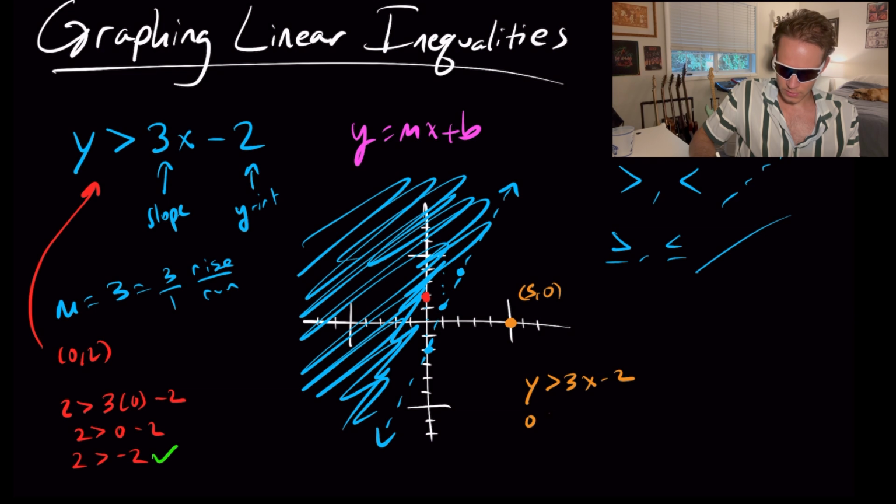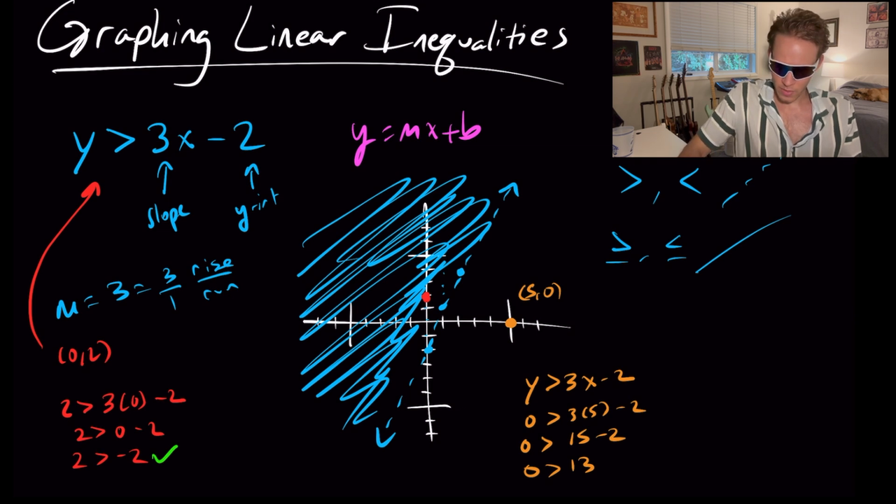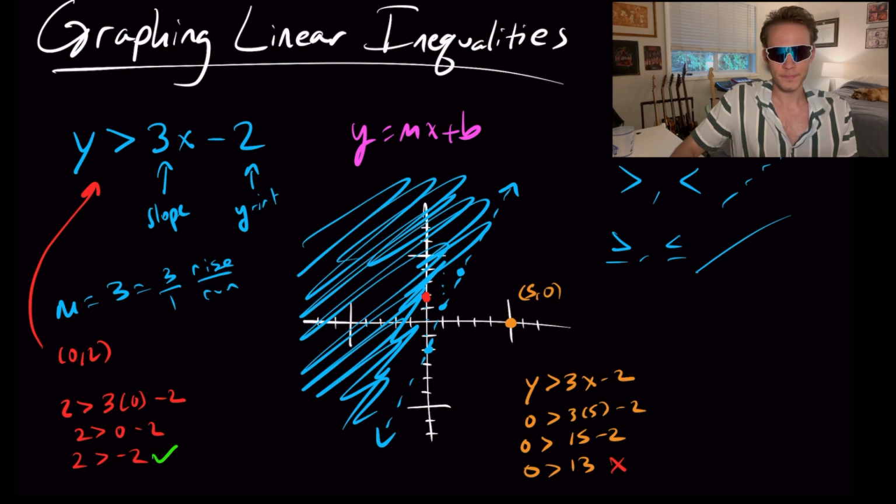Y is equal to 0, x is equal to 5. 3 times 5 is 15, so 0 is greater than 15 minus 2. 15 minus 2 is 13. So we get 0 is greater than 13, and that is not true. So that's why this point is not in our shaded region.